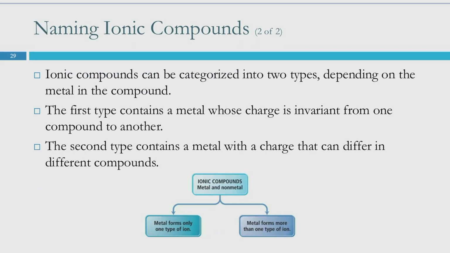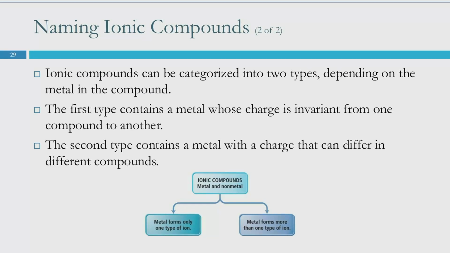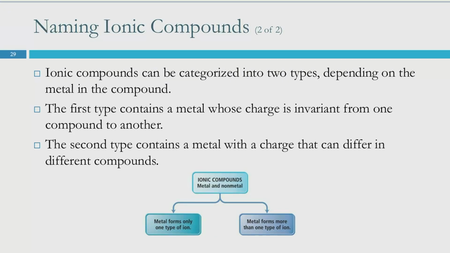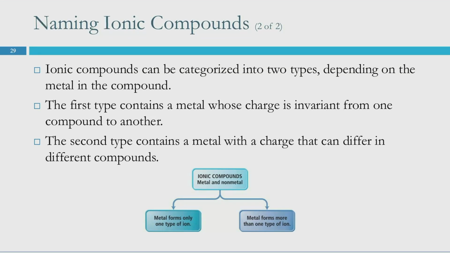We can organize our ionic compounds into two different categories. You're already seeing how this can be a lot of fun. The first category is a metal whose charge is always the same.